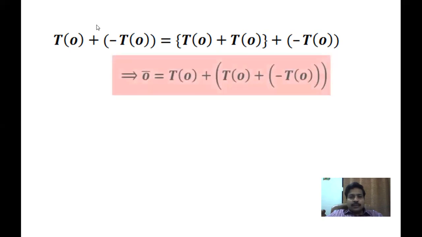So T of O plus minus T of O is zero vector in W. So this is O bar.